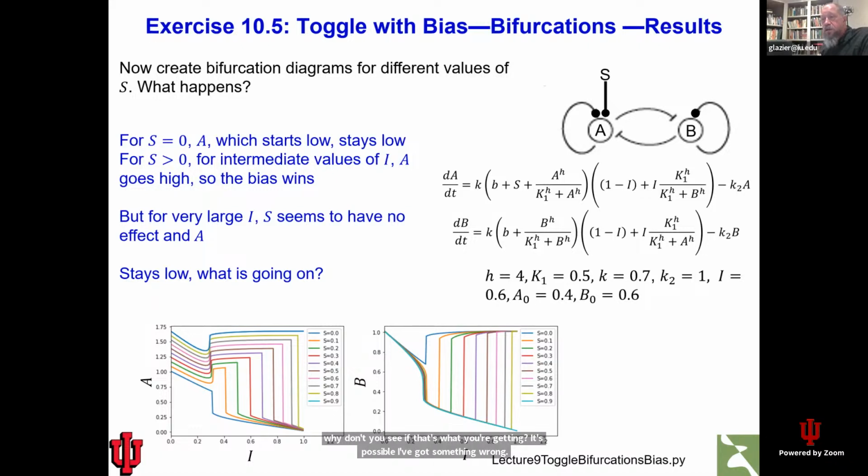Now, if I started with different initial values of A0 and B0, it's possible I will get different results here. So in this case, there actually are other possible solutions beyond the ones that we have here.